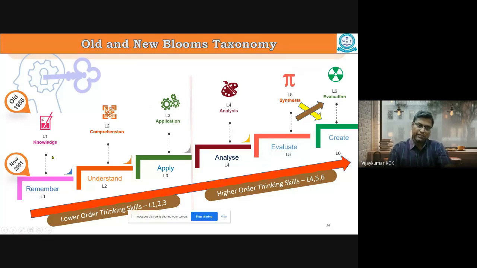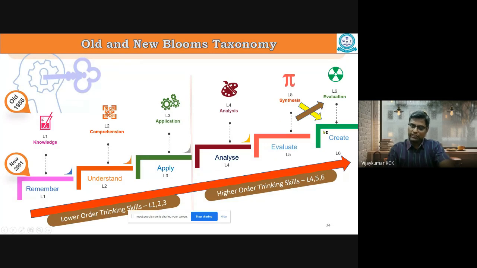Knowledge is revised as remember. Comprehension is revised as understand. Application is revised as apply. Analysis is revised as analyze. Synthesis is revised as create. Evaluation is revised as evaluate.